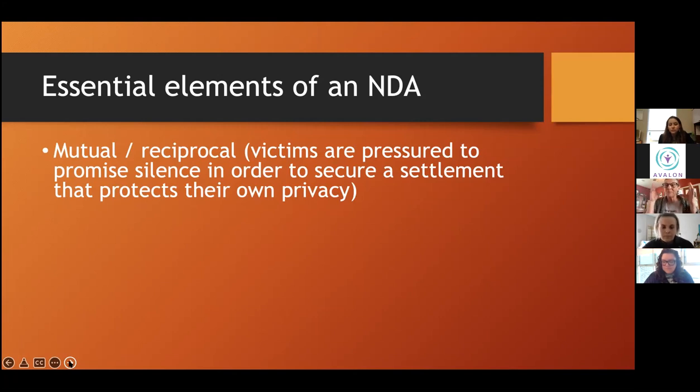This is a real myth that somehow a victim can only have privacy if she gives it to the other side. Obviously, a one-sided confidentiality clause to protect the victim is going to be harder work to negotiate, but it's perfectly possible. So if anybody tries to say, oh, no, you can only have confidentiality if you give it to the other side, absolutely not true.